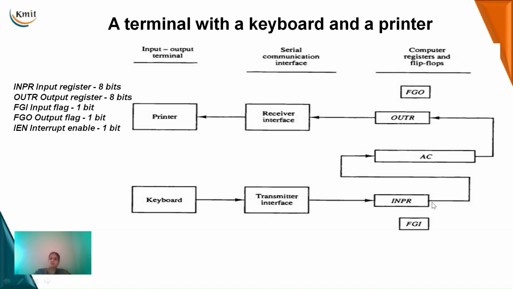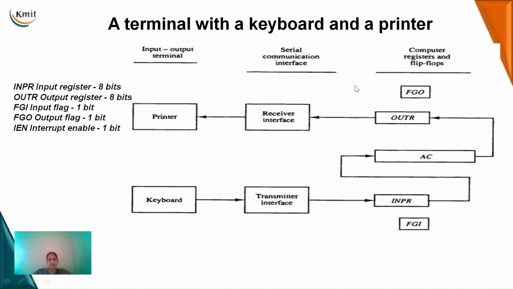The information from the input register will be transferred into the accumulator register, and once the information is transferred, the FGI flag will be made 0 again. So if the FGI flag is 1, there is information present in the input register. If FGI is 0, there is no information present in the input register.